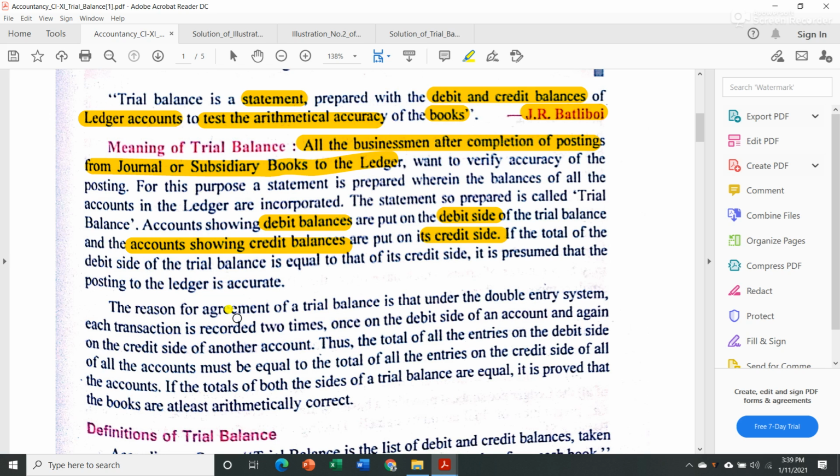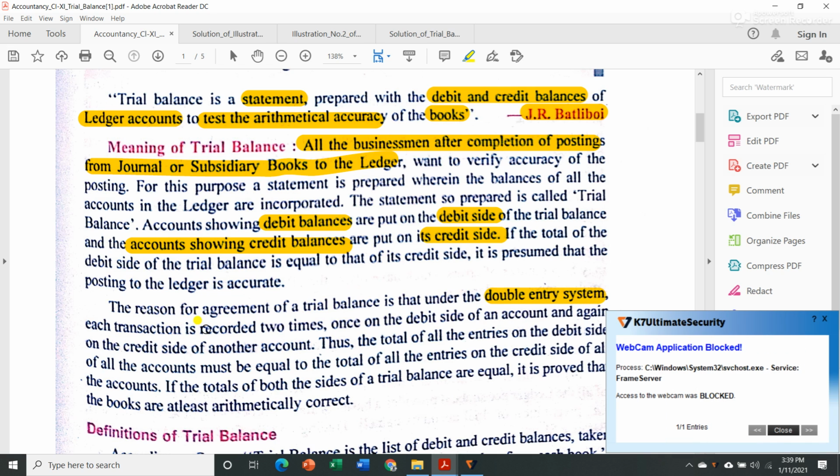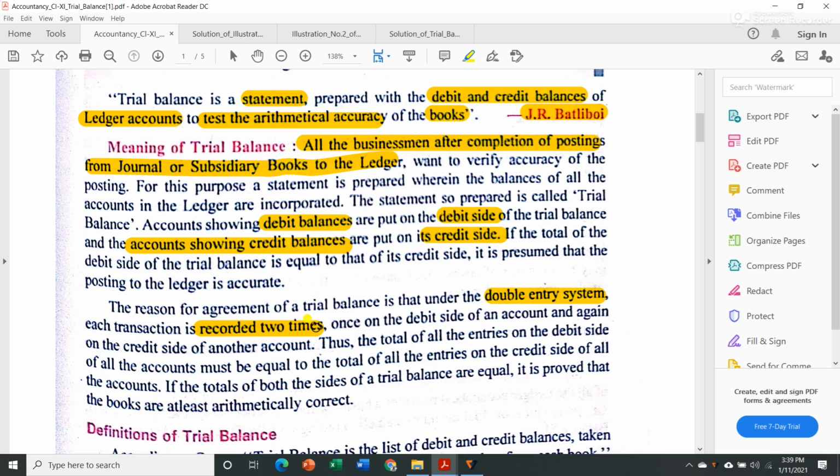Now the reason for agreement of a trial balance is that under the double entry system, each transaction is recorded two times, because when you see in a journal, a transaction will affect at the minimum 2 accounts. It will not affect only 1 account but 2 accounts, and that is why one account will be on the debit side and another account will be on the credit side.